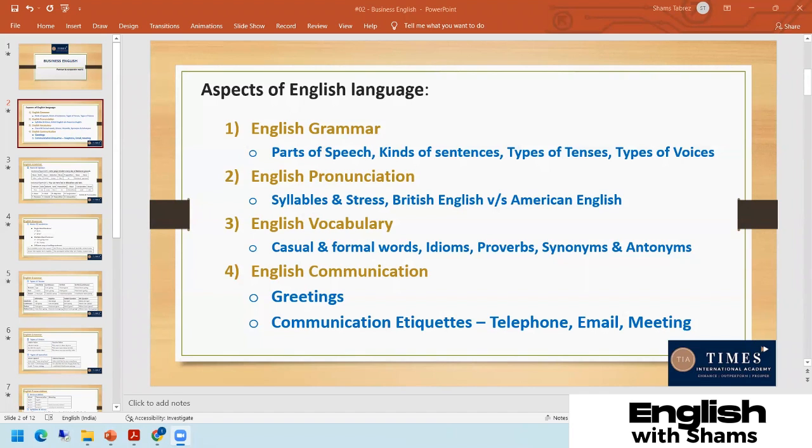Another thing: even when I was a student learning English, because I am from Urdu medium, I was also facing the same challenges. But when I started working on it, reading newspapers, watching news channels, and referring to different books, it took time for me because I was from Urdu medium.